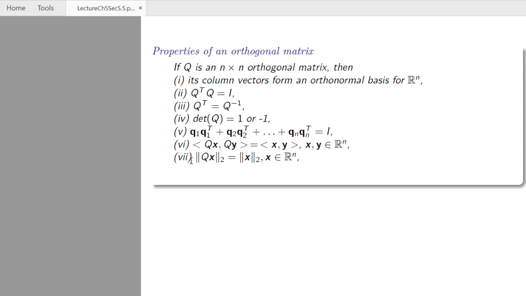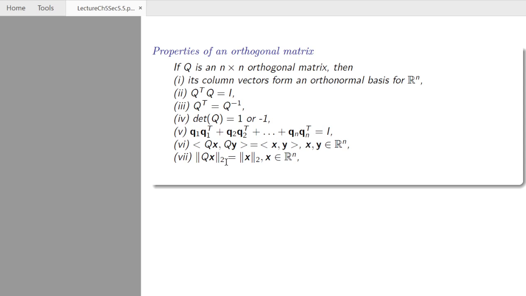Property 7 is the norm of Qx equals the norm of x. Why? In property 6 you take y equal to x, then the left side will be equal to the square of the norm of Qx, and the right side is the square of the norm of x.